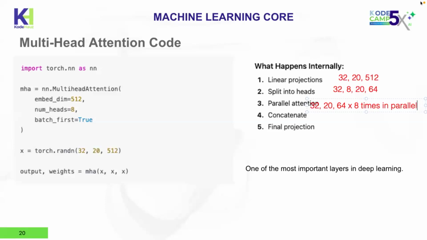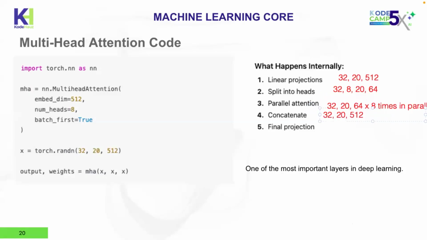Then when you are done with that, you will now do concatenate. So concatenate is where you join back the 8 heads into one single head. So you are concatenating, it's going to go back to 32 by 20 by 512.